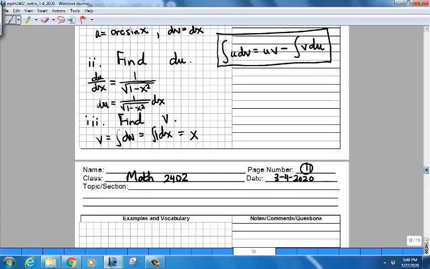We know that the antiderivative of u dv, that is arc sine of x dx, is going to be equal to u, which we chose to be arc sine of x, times v, which we found to be x, minus the antiderivative of v, which is x, times du, and here is du: 1 over the square root of 1 minus x squared dx.